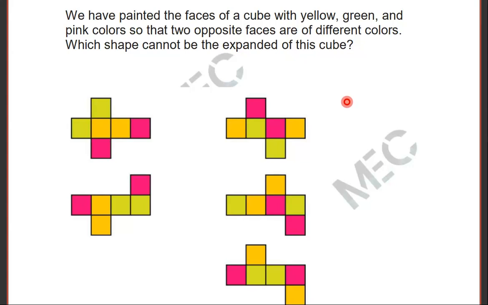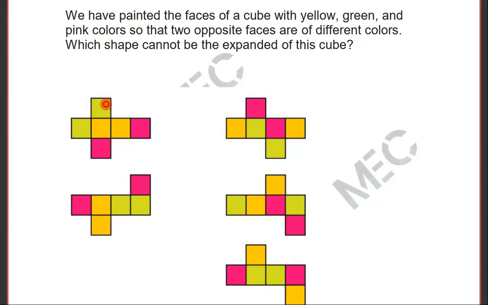Okay, we know that a cube is composed of 6 squares, so all of these shapes can be the expanded shape of a cube, because if we roll down these four, these four will be the lateral surface, and then these two squares will be the bottom and top of the cube, or front and back of the cube.